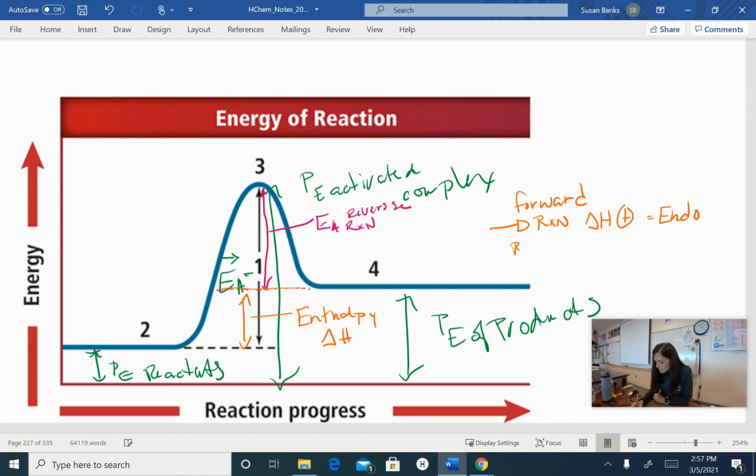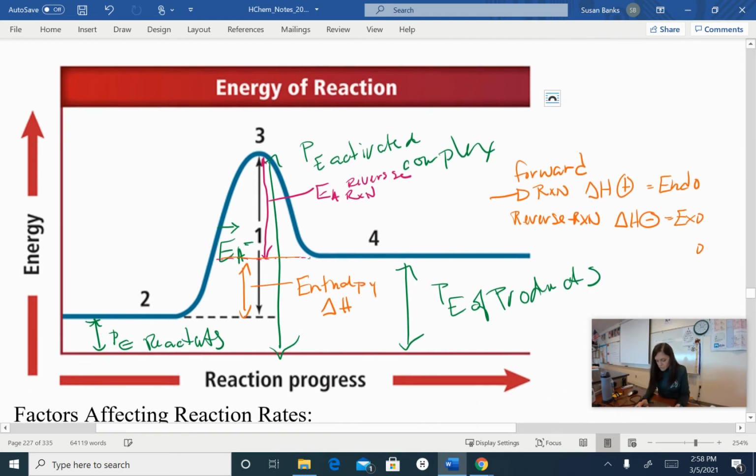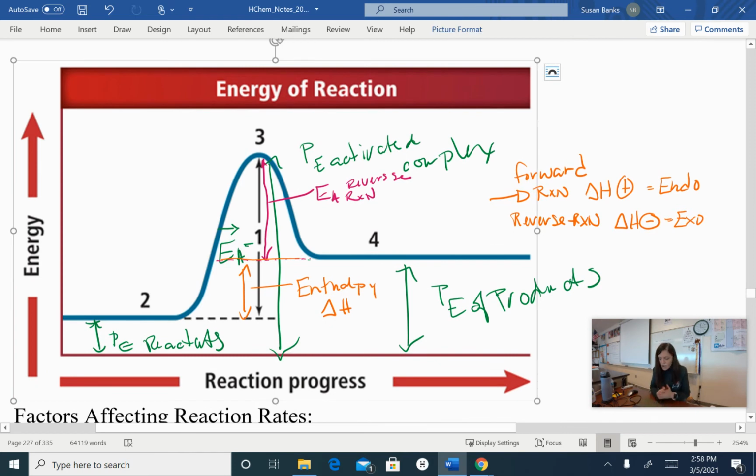If I look at my reverse reaction going this way, my delta H is negative because I have less energy at the end. So that is an exothermic reaction. Okay? So that is how you read these graphs really quick.